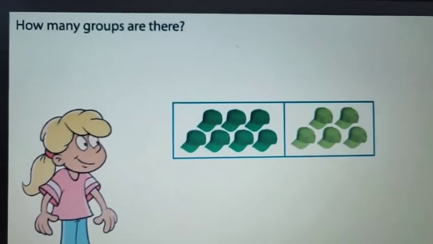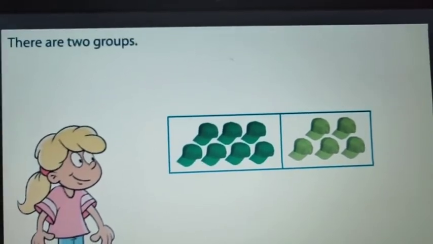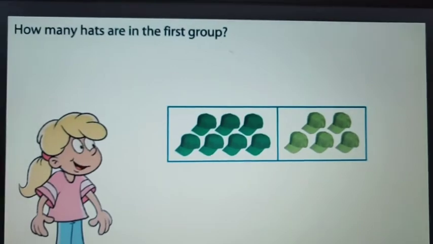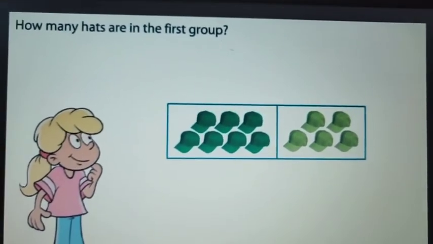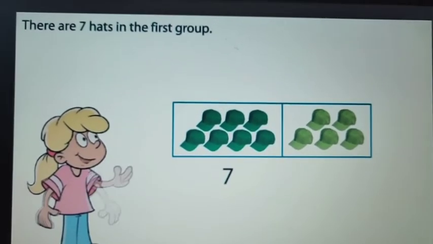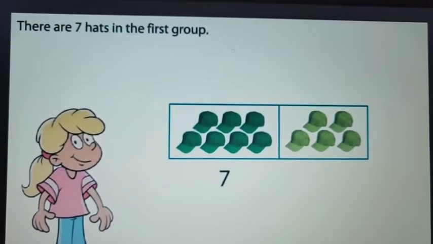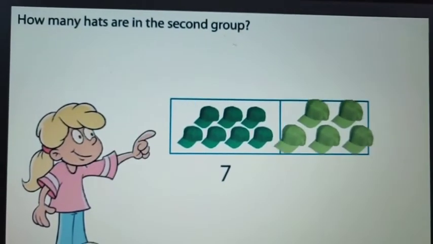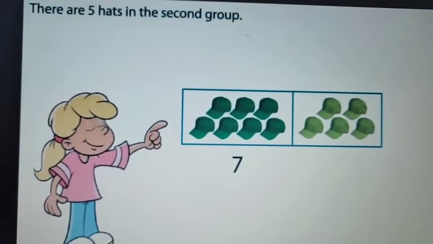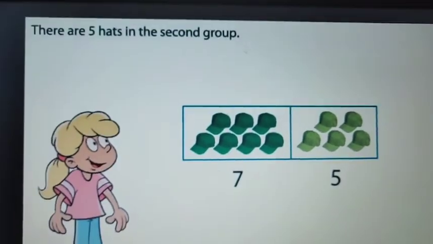How many groups are there? There are 2 groups. How many hats are in the first group? There are 7 hats in the first group. How many hats are in the second group? There are 5 hats in the second group.